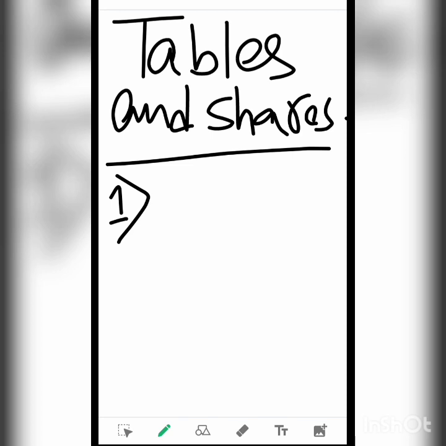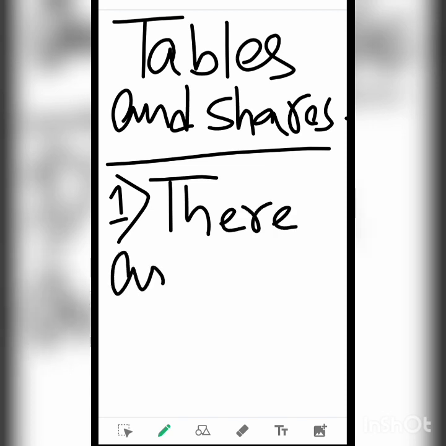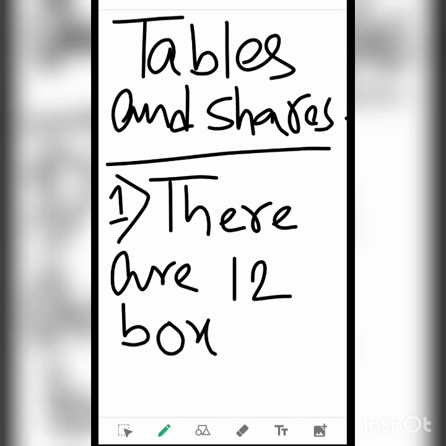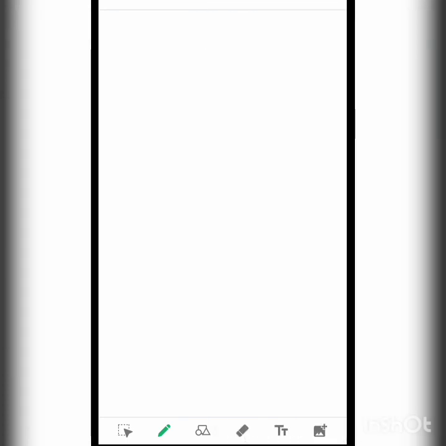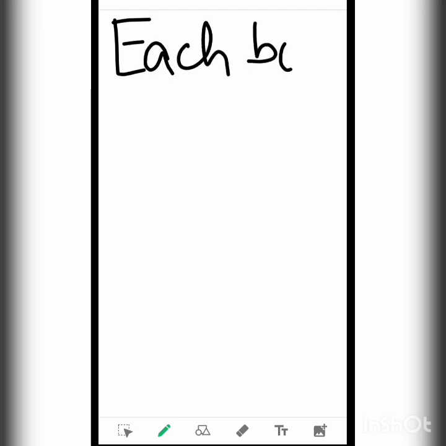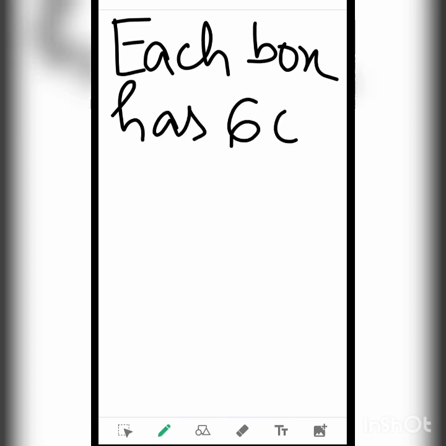Now, suppose you have been told that there are 12 boxes of oranges. Now we move to the next board. Each box has 60 oranges.